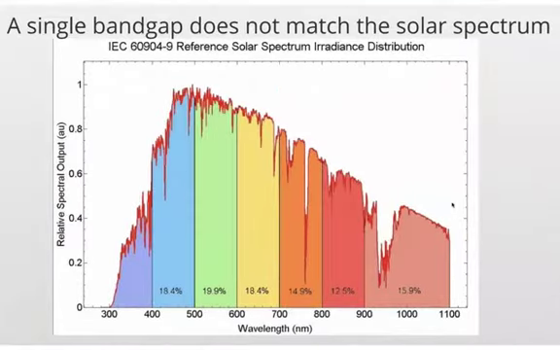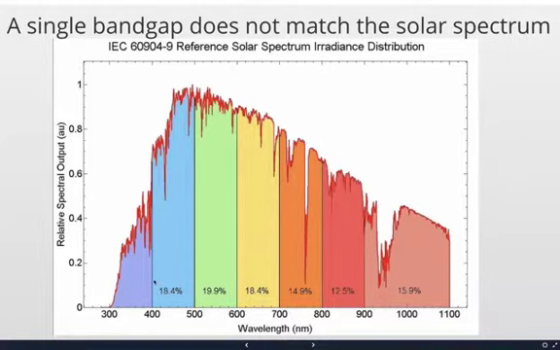Now the question is, okay, what limits efficiency? The most fundamental reason for efficiency being limited is that sunlight has a broad range of wavelengths. So this is the AM1.5 spectrum, plotting relative spectral output as a function of wavelength, and we know there's energy from UV, 300 nanometers, visible, all the way into the infrared, and even longer.